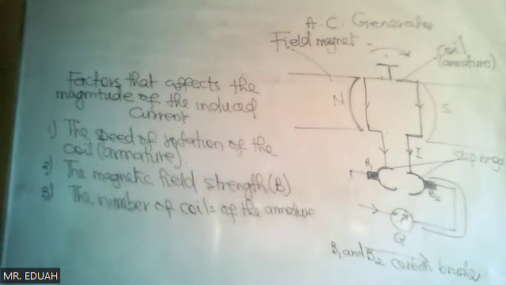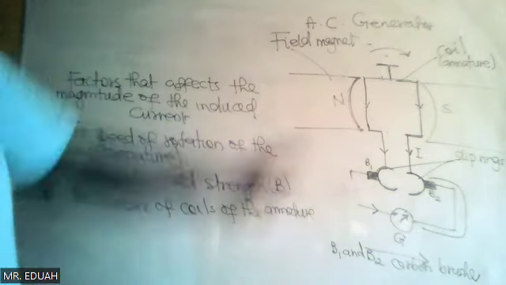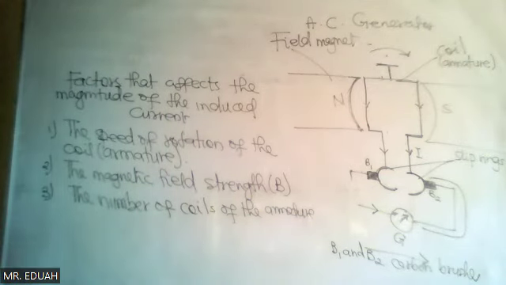So these are the 3 main factors that affect the magnitude of the induced current for alternating current. Okay, so these are the features of AC.